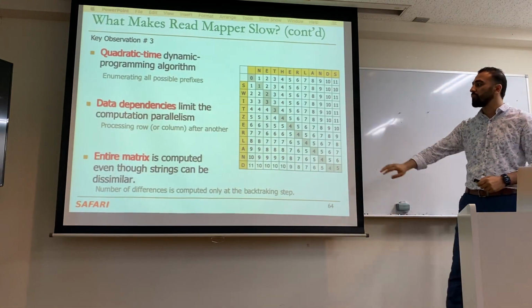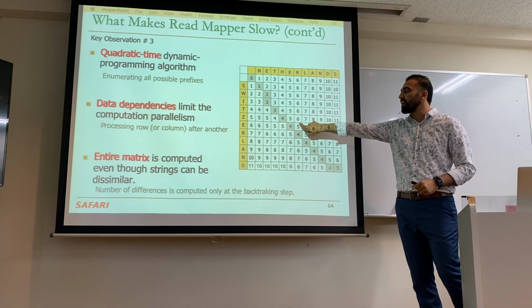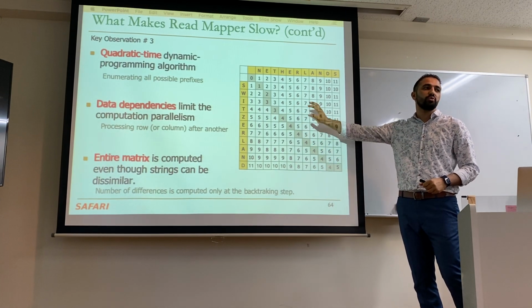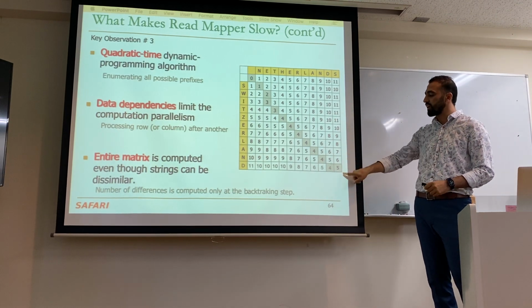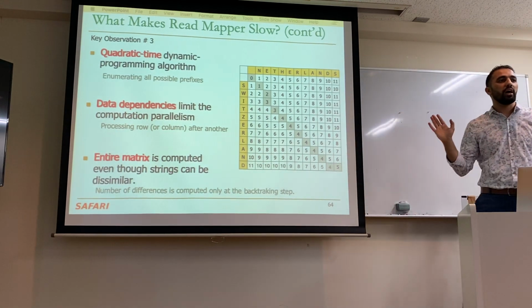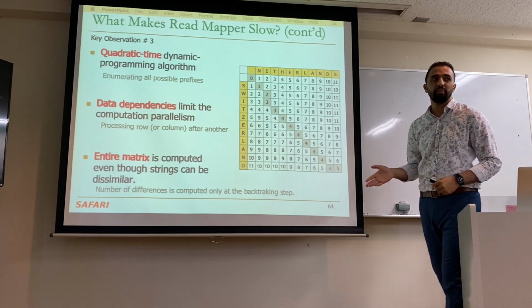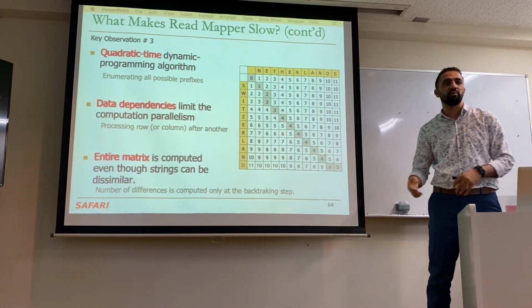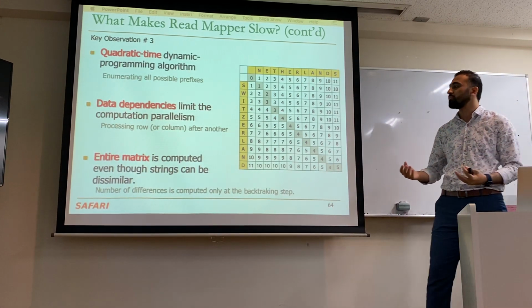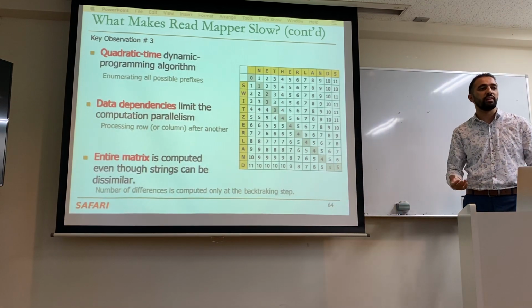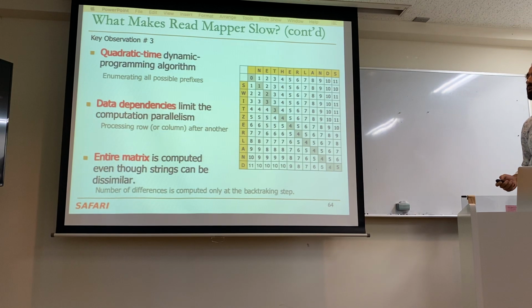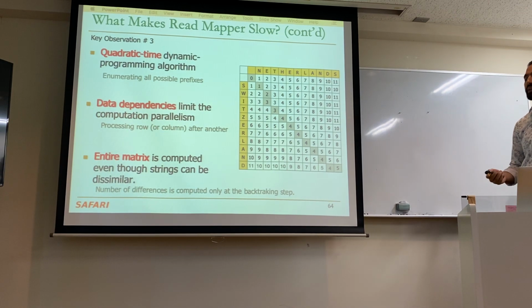So you cannot stop in the middle, for example, and say, okay, I have 6 here, so I'm exceeding the threshold, so terminate the computation. I can't do that. I really need to compute the entire thing until I reach here. This is correct for global alignment, but if I use Smith-Waterman, for example, or semi-global, I might be able to stop somewhere in the middle. So it depends on the need or the design choice you have for the read aligner.